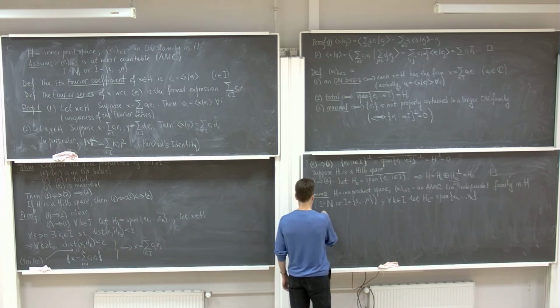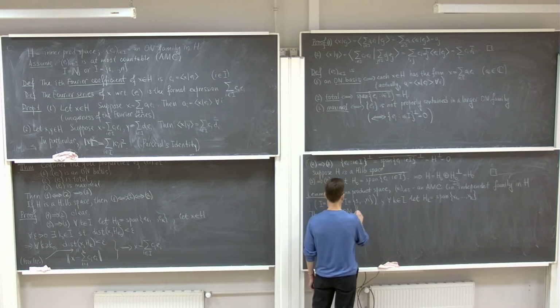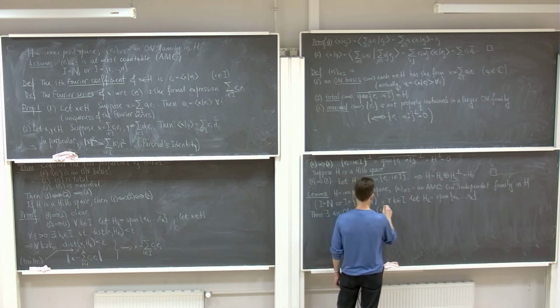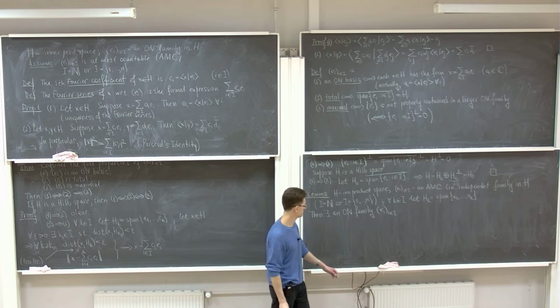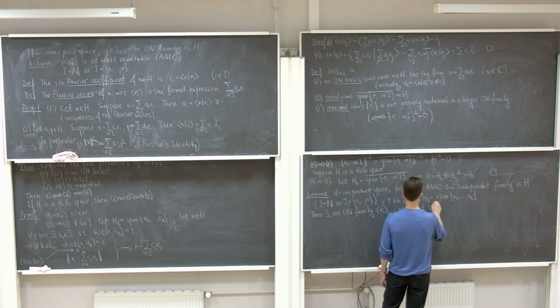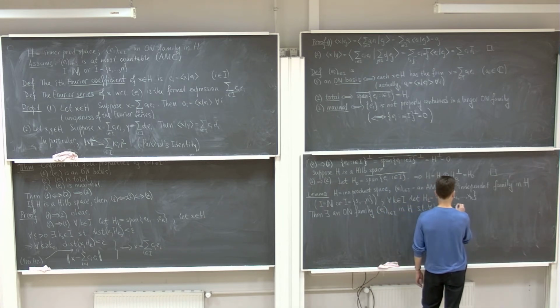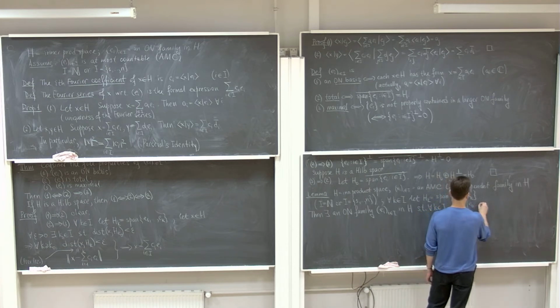I claim that there exists an orthonormal family, EI, of the same cardinality, that is at most countable, in H, such that for each k in I, the linear span of the elements E1 to Ek equals hk.